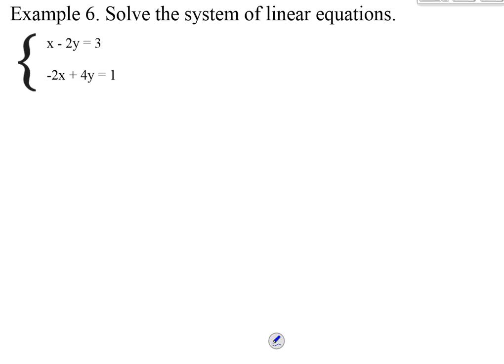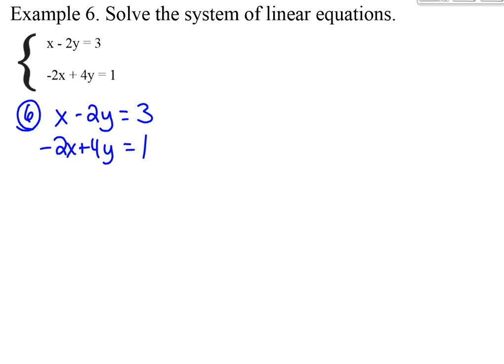So the next one says solve this system of linear equations. One of these situations might happen to us, and I'll do this one with you as well. So x minus 2y equals 3, negative 2x plus 4y equals 1. I'm going to multiply this top one by 2.